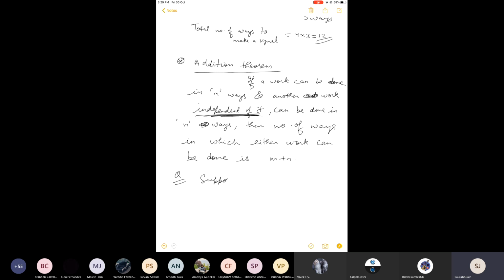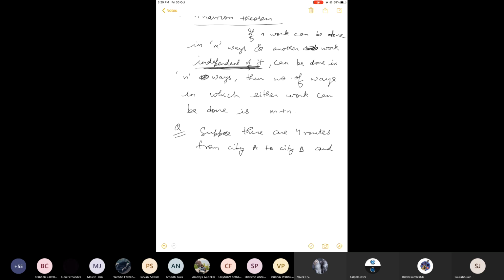Suppose there are 4 routes from city A to city B, and 6 routes from city B to city C. In how many ways can a person leave city B? You will understand why multiplication theorem is not used here. This is the question.